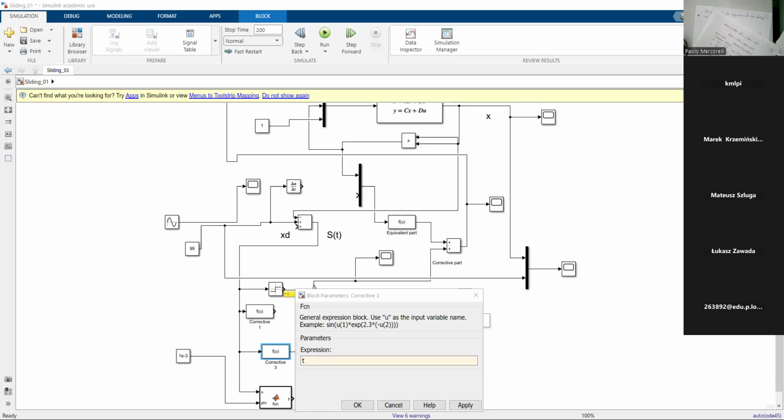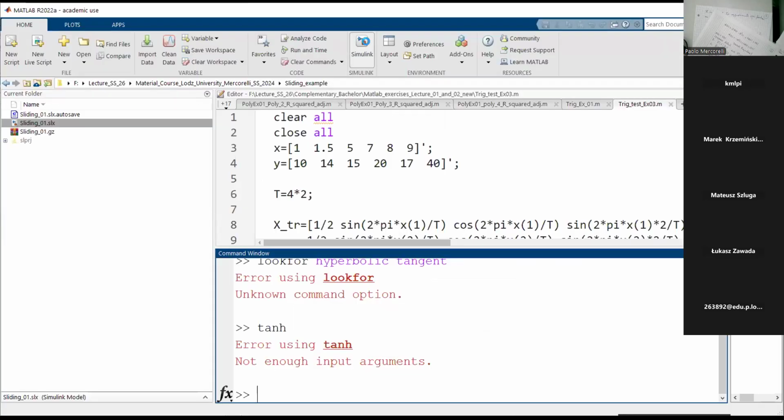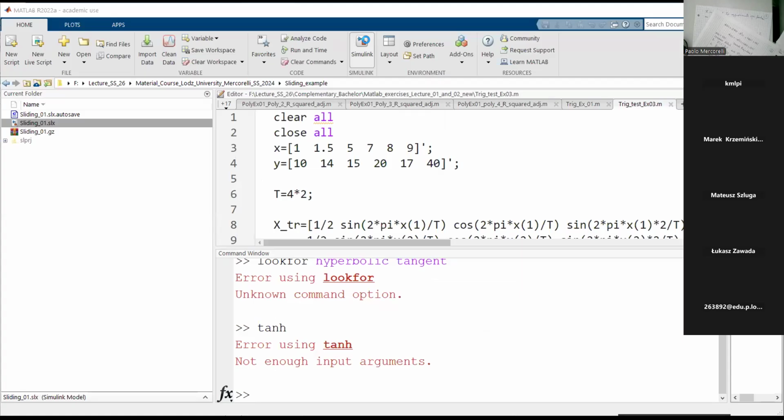I don't remember the name of the function. Okay, if I don't remember, I have to look here, probably in Simulink, for the name, how I can call the hyperbolic tangent.